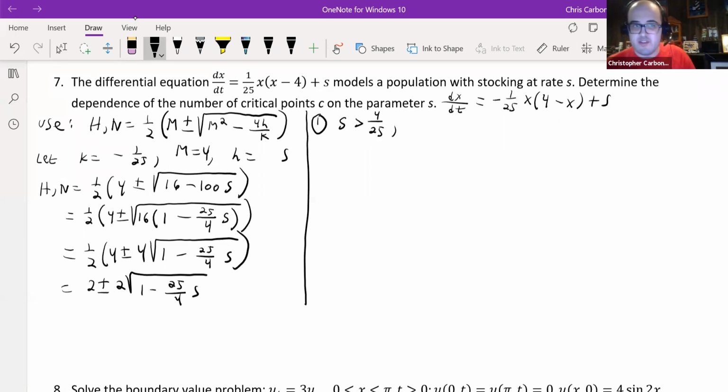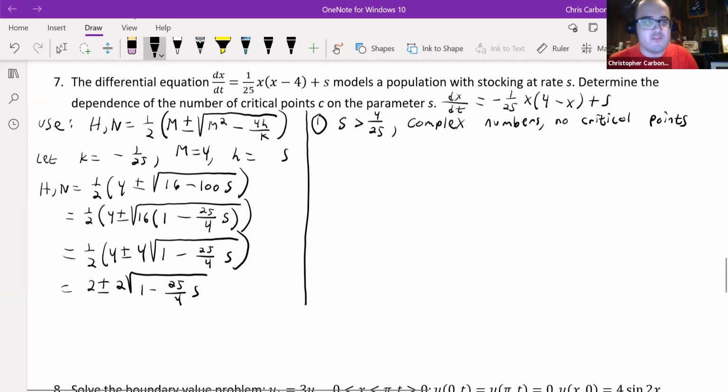If we have values of s being greater than this, that will cause this value here to be larger, which then makes underneath the square root a negative number, which means we are going to have complex numbers, which indicate that there are no critical points. We have no critical points because it's negative.